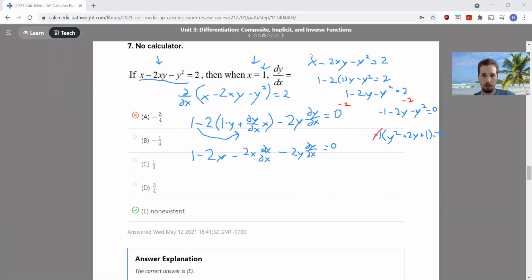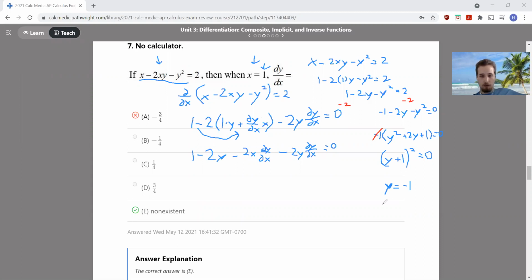If we can get the right color, that's just (y plus 1) squared equals 0. So what does y have to be for this equation to equal 0? Well, y has to be -1. And when y is -1, -1 plus 1 is 0, 0 squared is 0.